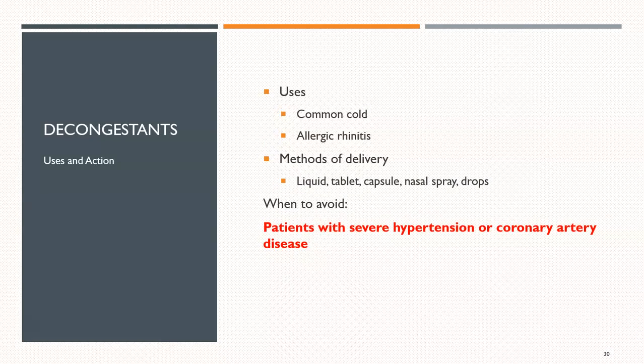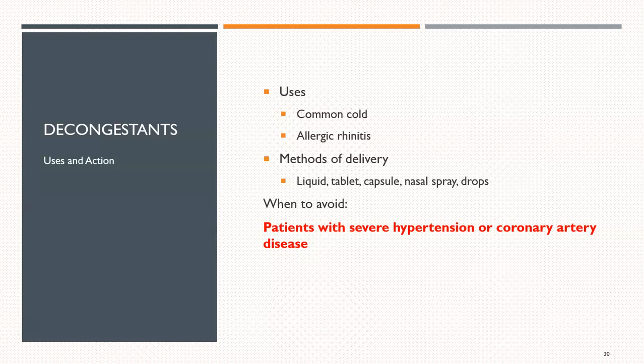Decongestants we'll go over really quickly. Those are used for the common cold, also for allergic rhinitis. You may have decongestants in a liquid, a tablet, a capsule, drops. But with decongestants, you want to make sure you're not telling your hypertensive patient that it's okay to take a decongestant, or a patient with coronary artery disease.